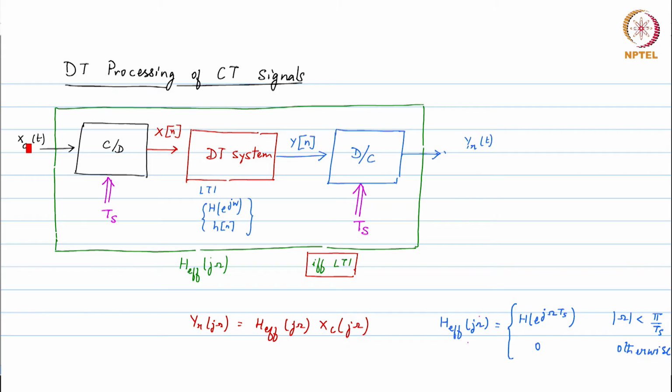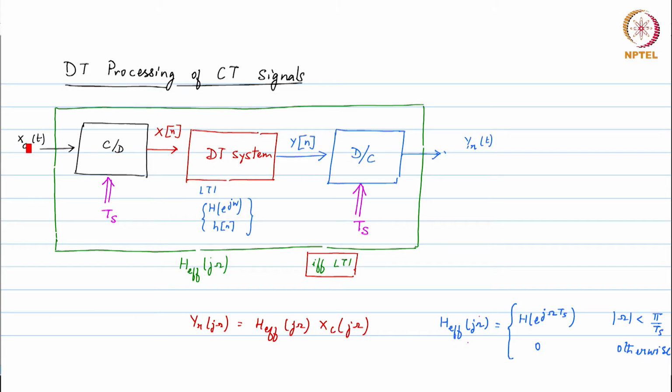So, we pick up the example that we were talking about in the last lecture, discrete time processing of continuous time signals. I have a continuous time signal that I am feeding into my block. The first block converts it into a discrete time sequence, which is processed using a discrete time LTI system, and then we have a D2C converter that converts it back.